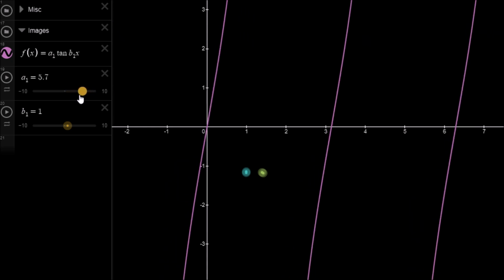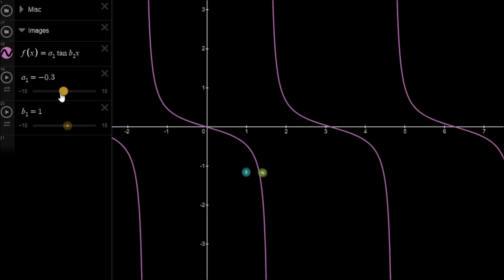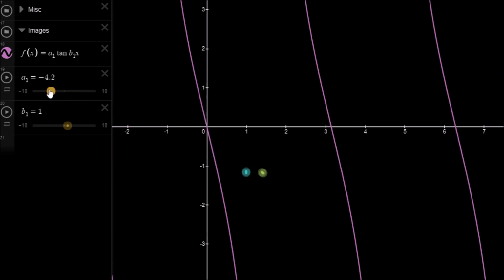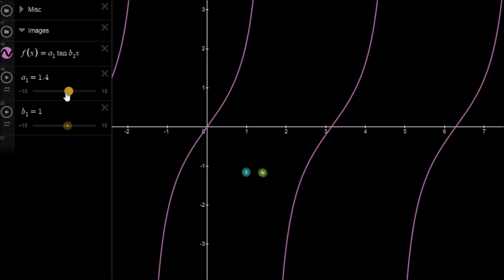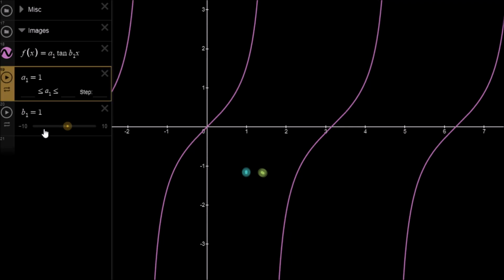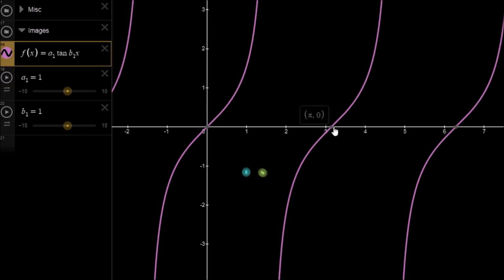But even though the function is able to be stretched and swapped around like this as well, it's no longer proper to talk about it as an amplitude because there's no maximum and minimum value. Now again, we can change the period here, and you can see if I was to change this to a value of 2, the period at the moment is going to be 180 degrees, which is this point here, which is pi radians.